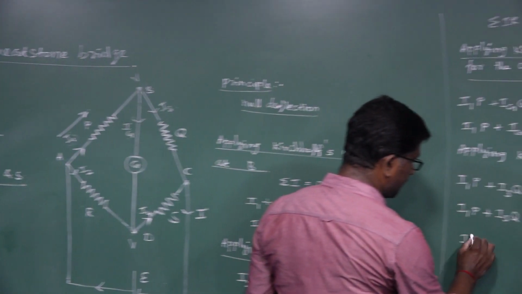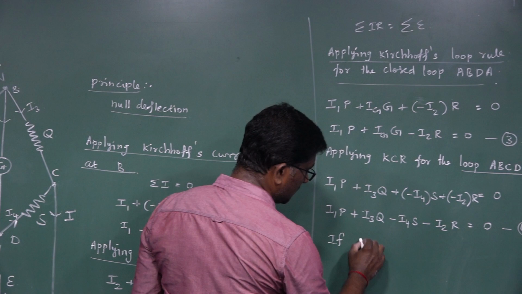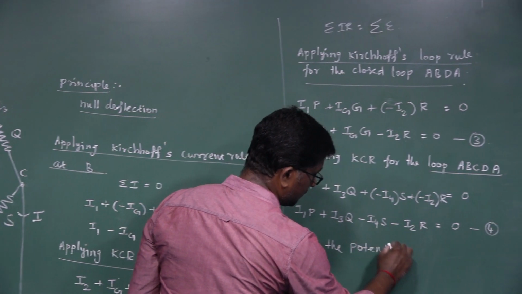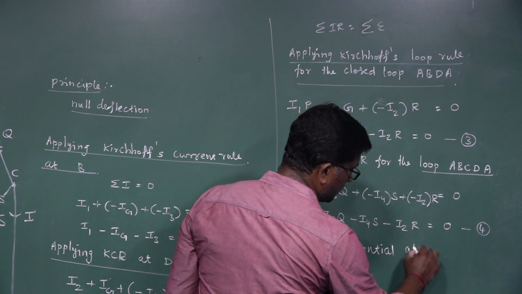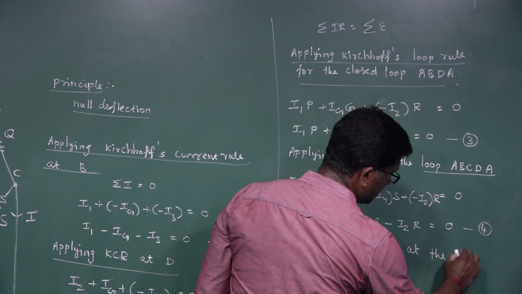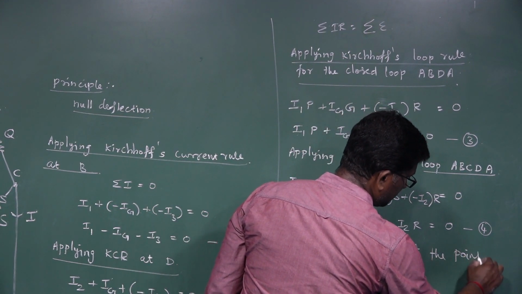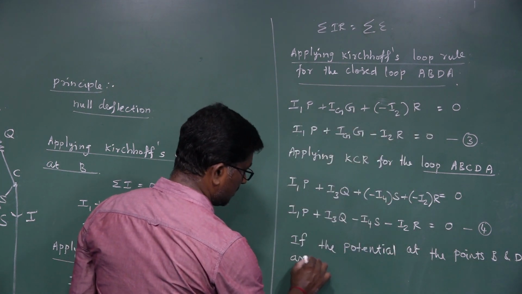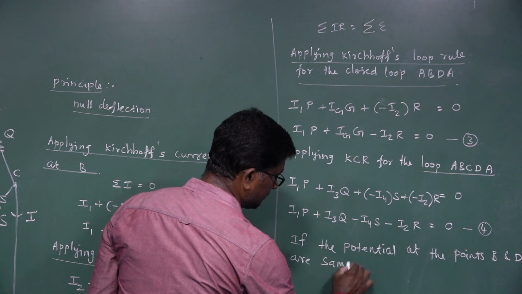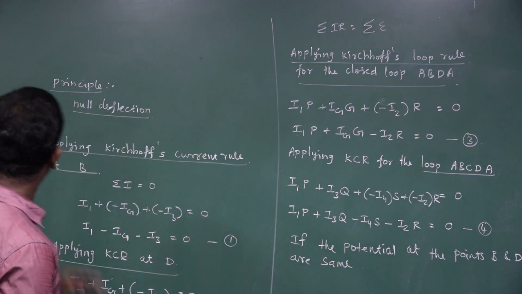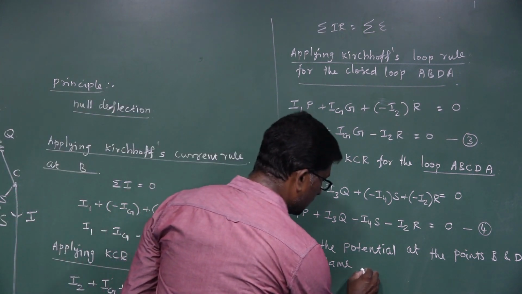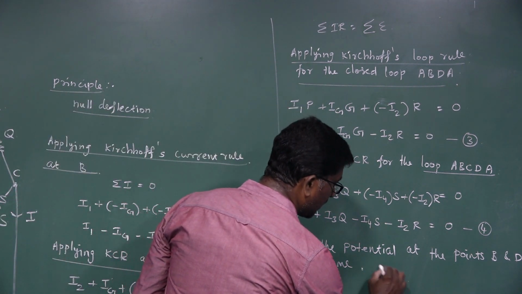So if the potentials at the points B and D are the same, then no current flows through the galvanometer.